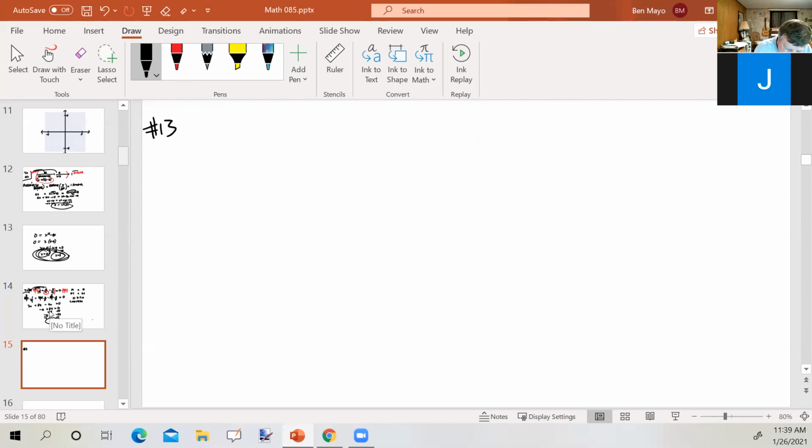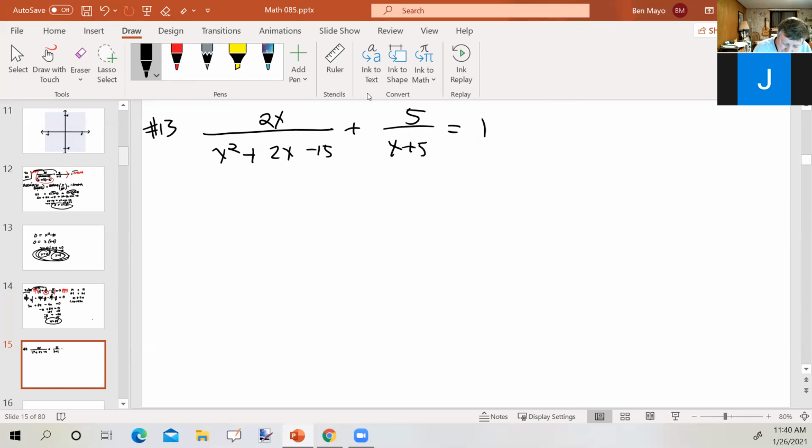And it says 2x divided by x squared plus 2x minus 15 plus 5 over x plus 5. This is very similar to the one we just did. Same idea, different numbers.